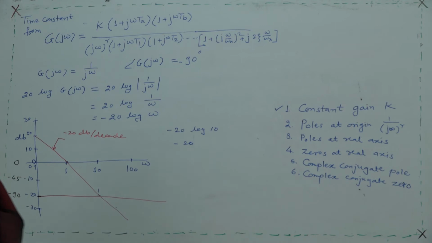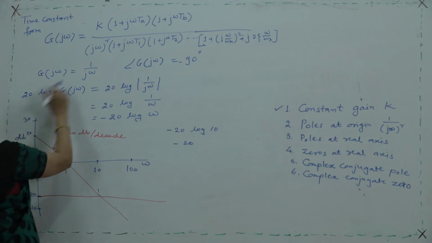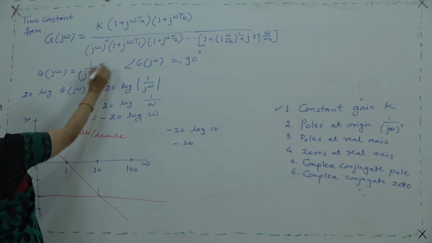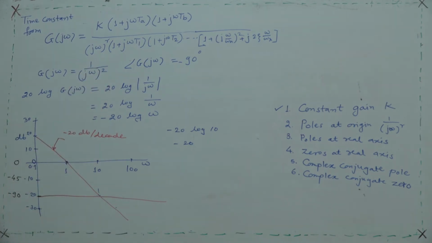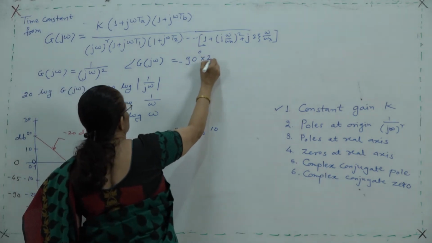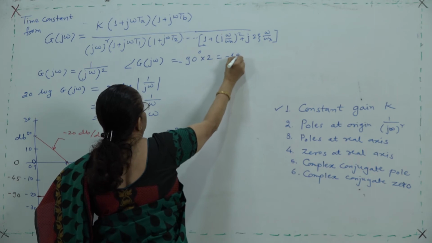Consider now two poles at origin. So, now I think you can do it. Suppose now it is j omega raised to 2, two poles are at origin. What will happen now? The angle is minus 90 degrees into 2, that is, you will get minus 180 degrees.